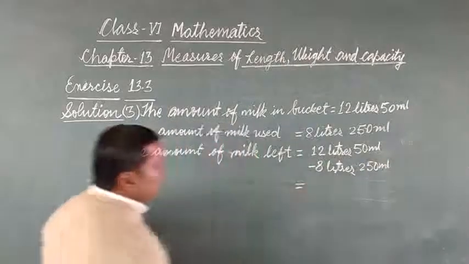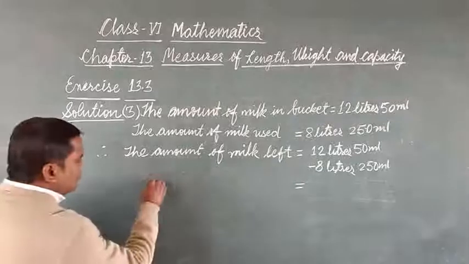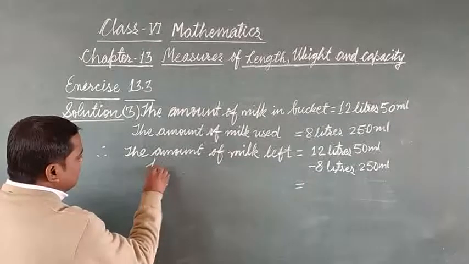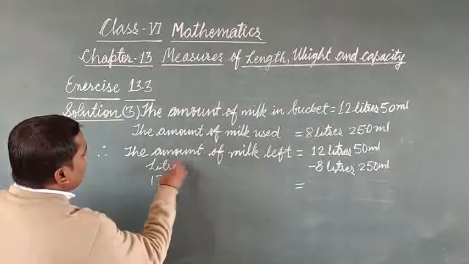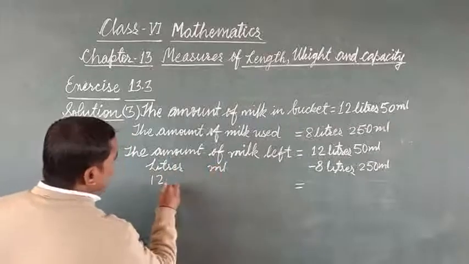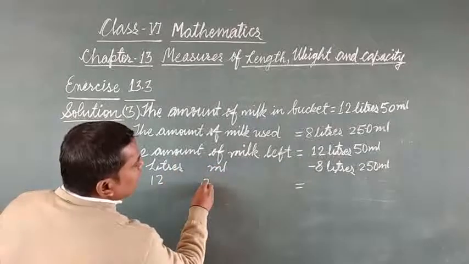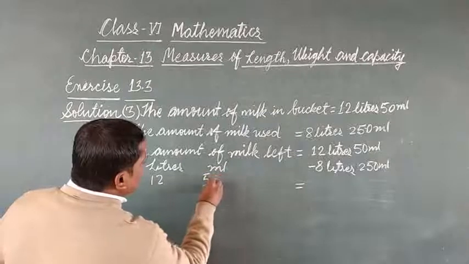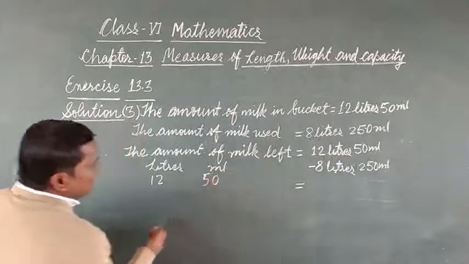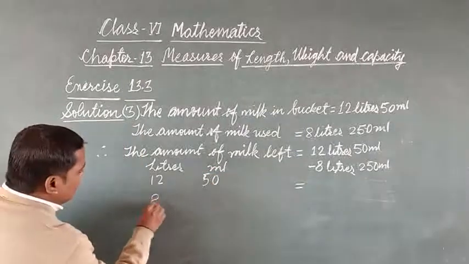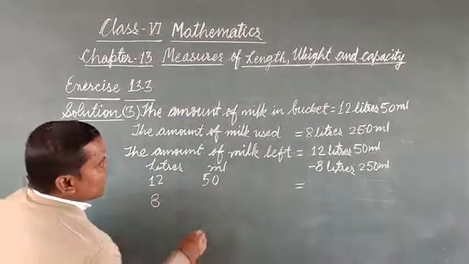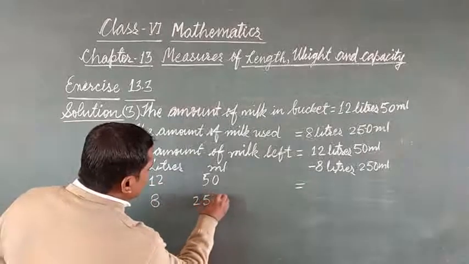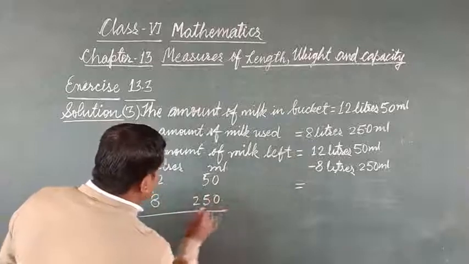As I have told you, write liters here and milliliters here: 12 liters 50 milliliters, and here you write 8 liters 250 milliliters, and then we subtract.